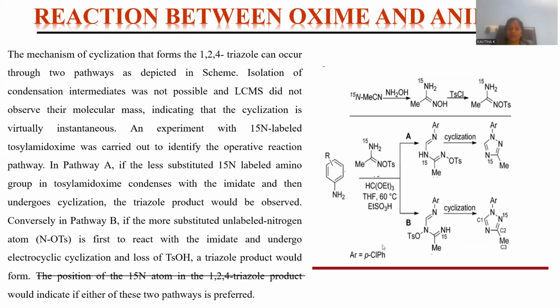In the alternative method, let me take an inverted structure of this compound. When the inverted structure is taken, this NOTs is supposed to react, with this NOTs and this CH(OEt) taken thrice. This carbon is also taking part in between two nitrogen atoms, and this aniline nitrogen is over here.